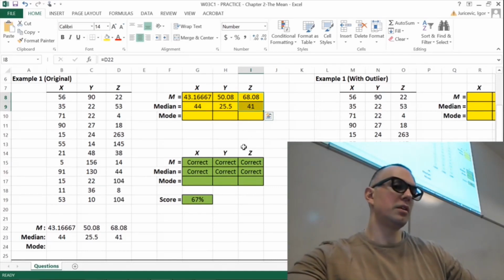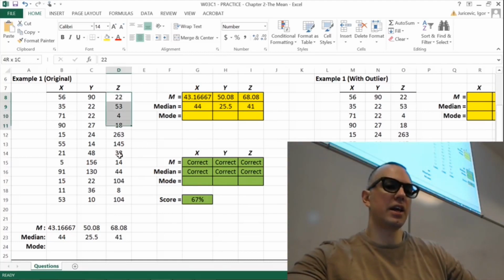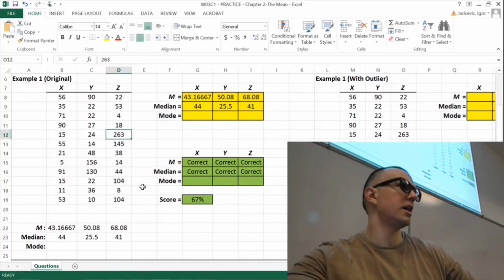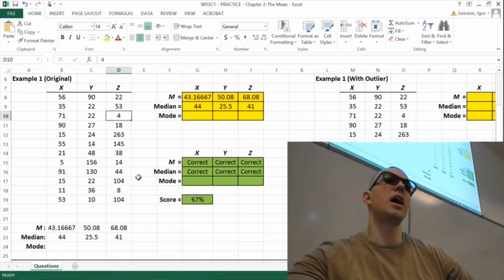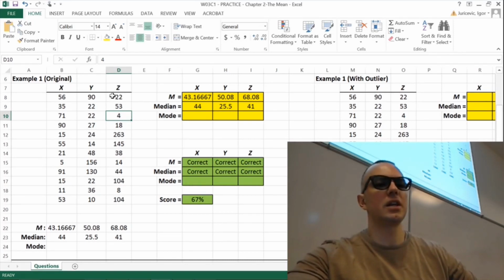So it is important to take a look at your data, and you'll notice that if you take a look at z over here, the z-scores, there is a lot of outliers. We have a score of 263. We have a score of 145. We got a score of 4. We have a lot of variation in our scores. We need to look at this data to see which one of these measures of central tendency would give us the correct idea.